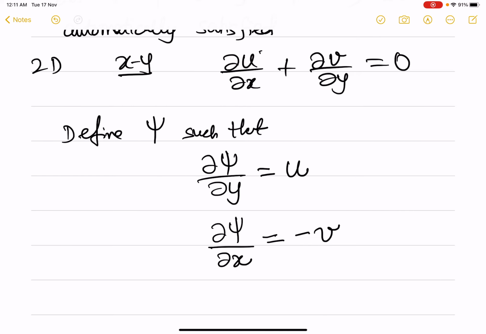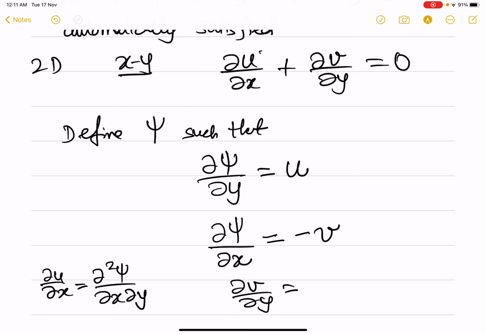Now let us see what happens to the continuity equation. Partial u by partial x will become d2 psi by dx dy. And partial v by partial y will become equal to minus d2 psi by dy dx.